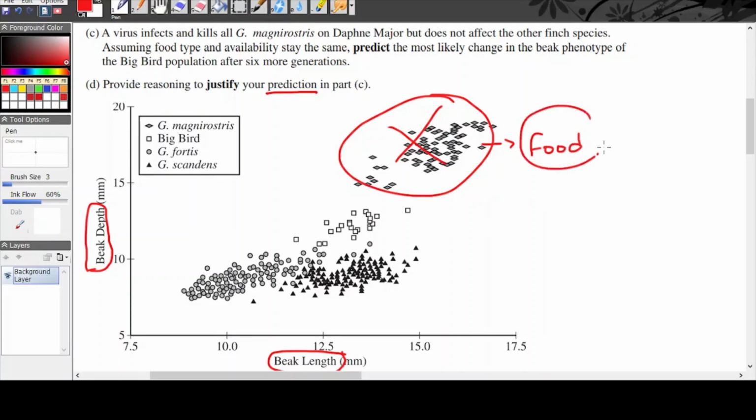So this food will be available for the other bird species to eat. So if the other bird species want to eat this food, they will have to develop a larger and deeper beak. So that's the basic justification for Part C.